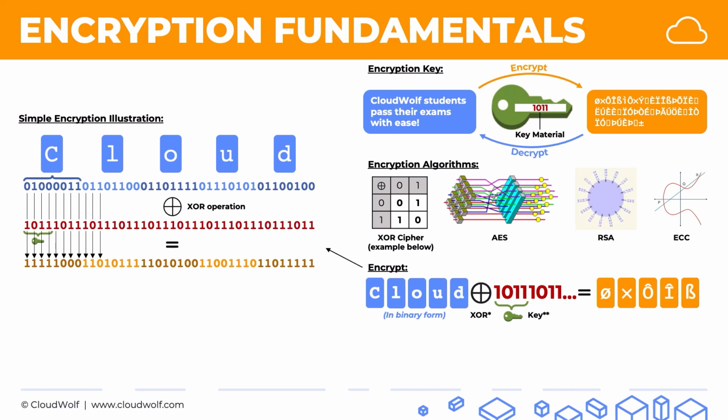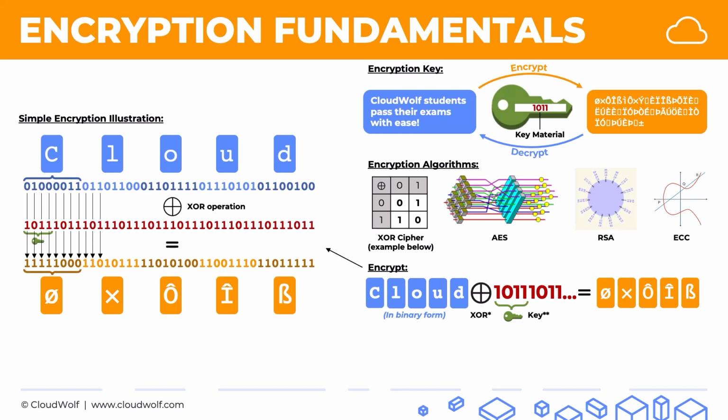Basically, if two bits or two inputs are different, 0 and 1 and 1 and 0, then the result is a 1. If the two inputs are the same, 0, 0 or 1, 1, the result is a 0. That's how the XOR operator works. We get a result. This is this word in binary form. And that's all there is to it.